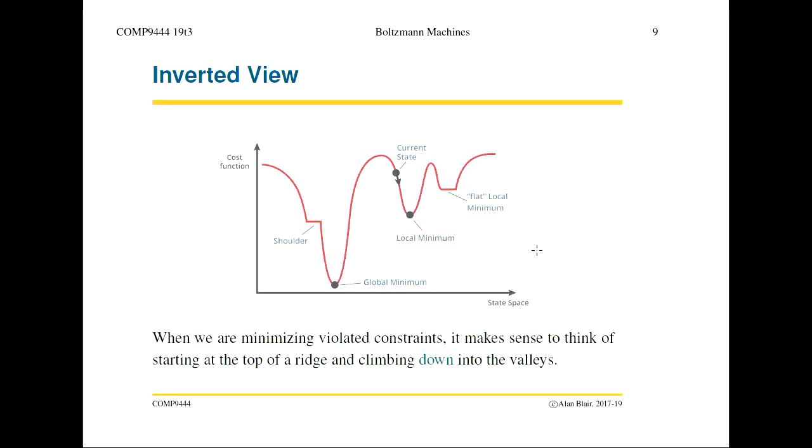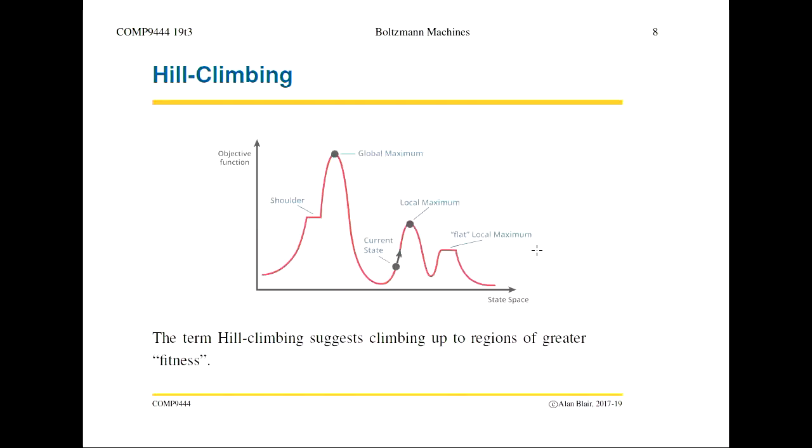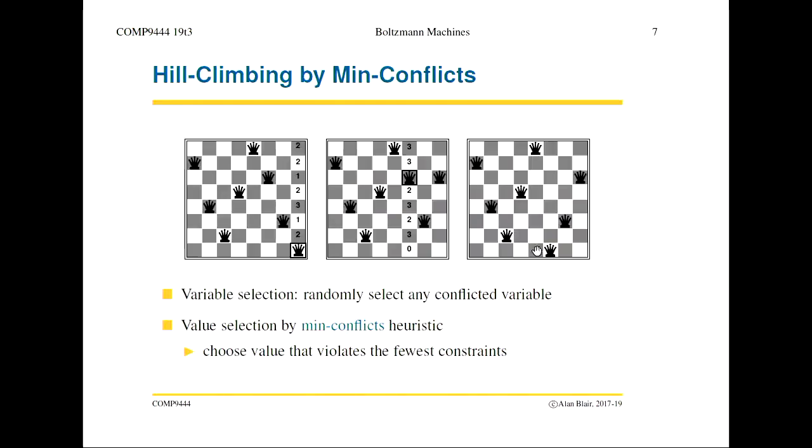If making this step doesn't send me downhill, I stay where I am. But if making this step sends me downhill, then I decide to take the step. So it's just this kind of random hill climbing. Right, now, this is the normal situation where we're actually given an objective function and then we're trying to minimize it.